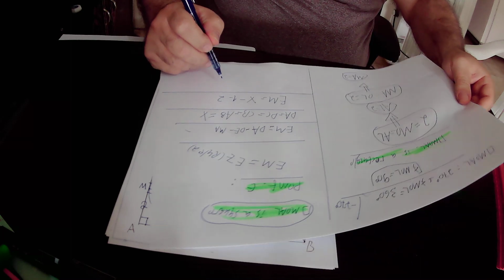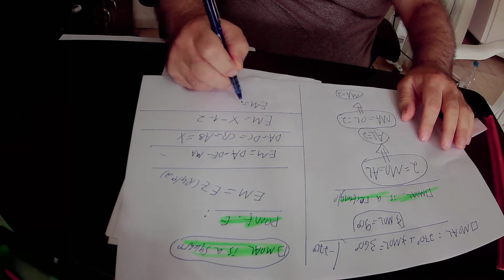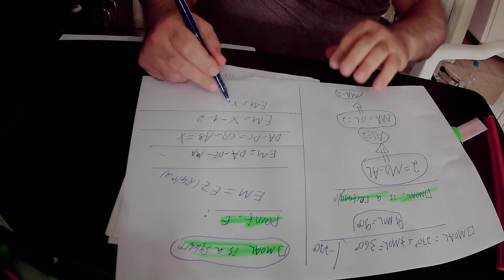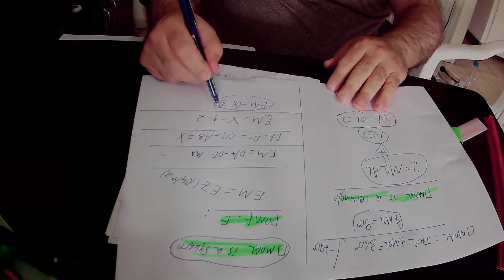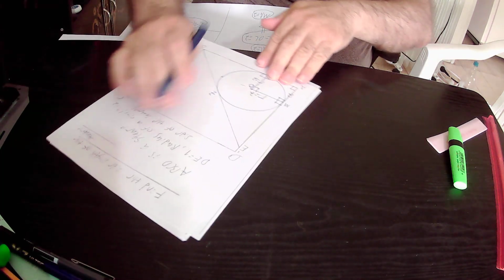So in conclusion, EM equals X minus 1 minus 2, which equals X minus 3. So EM equals X minus 3.